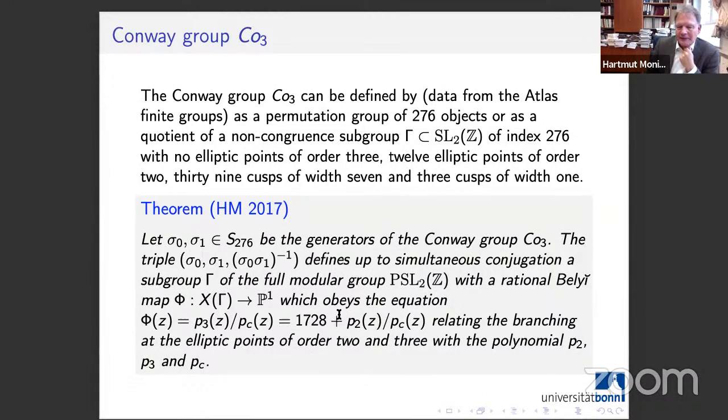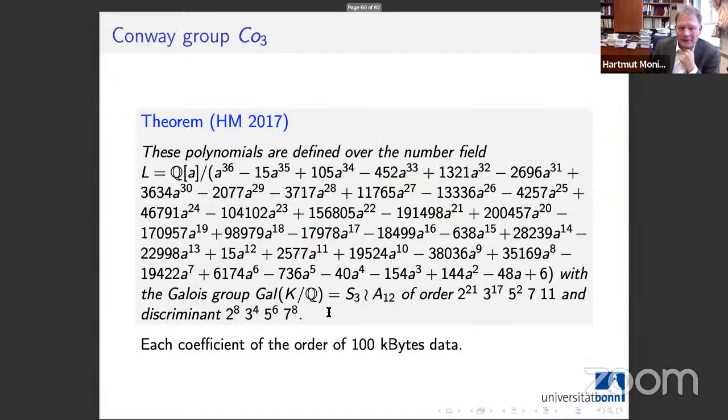And the field of definition is actually an extremely large field. What I have here is a degree 36 field as a field of definition of my Belyi map.